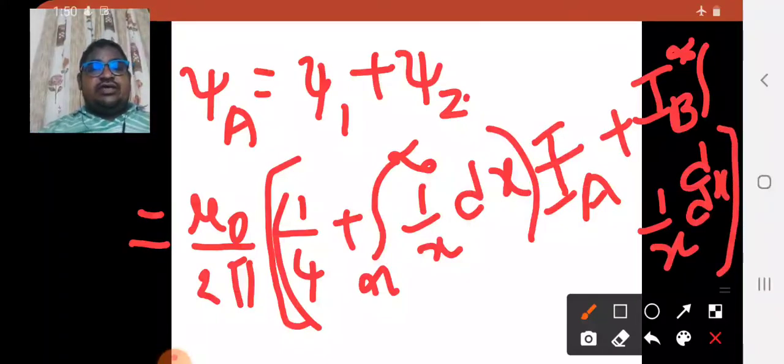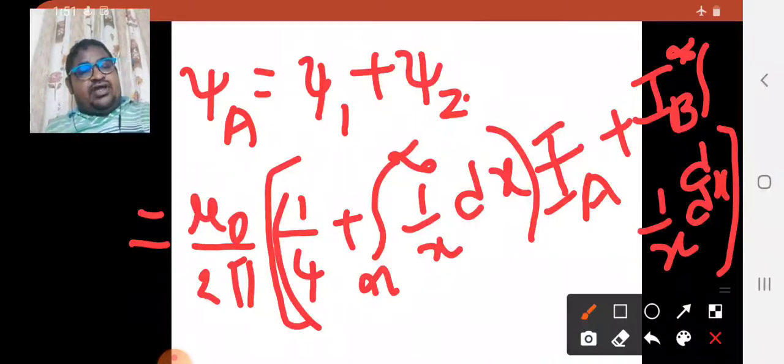Now you simplify this expression. The integral of 1 by x dx is ln x, and you can substitute the limits. I will give it step by step.